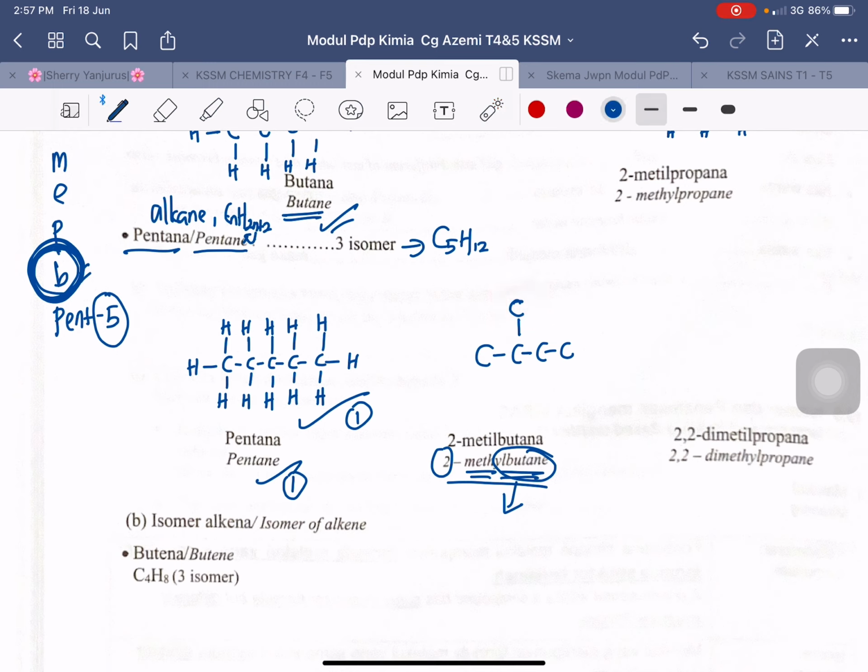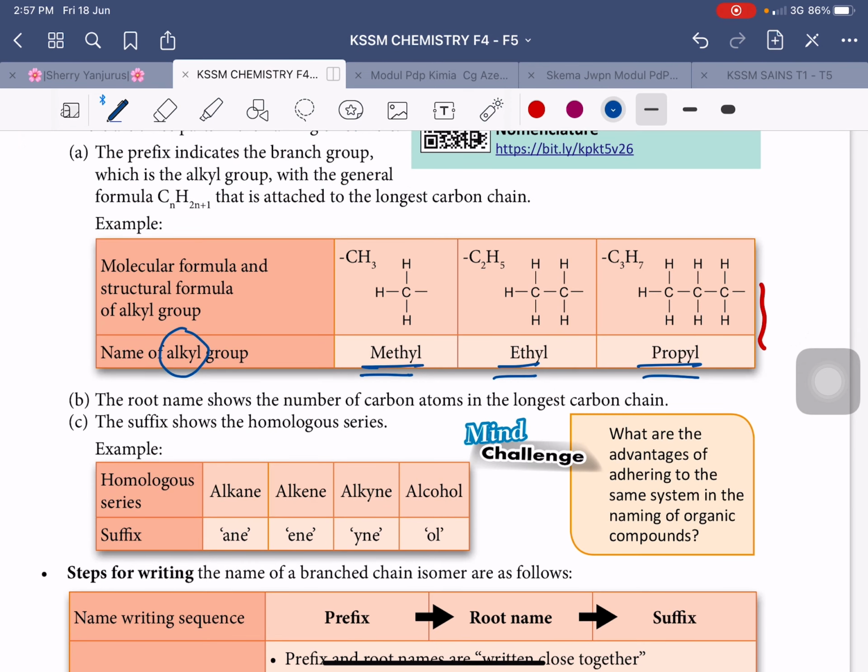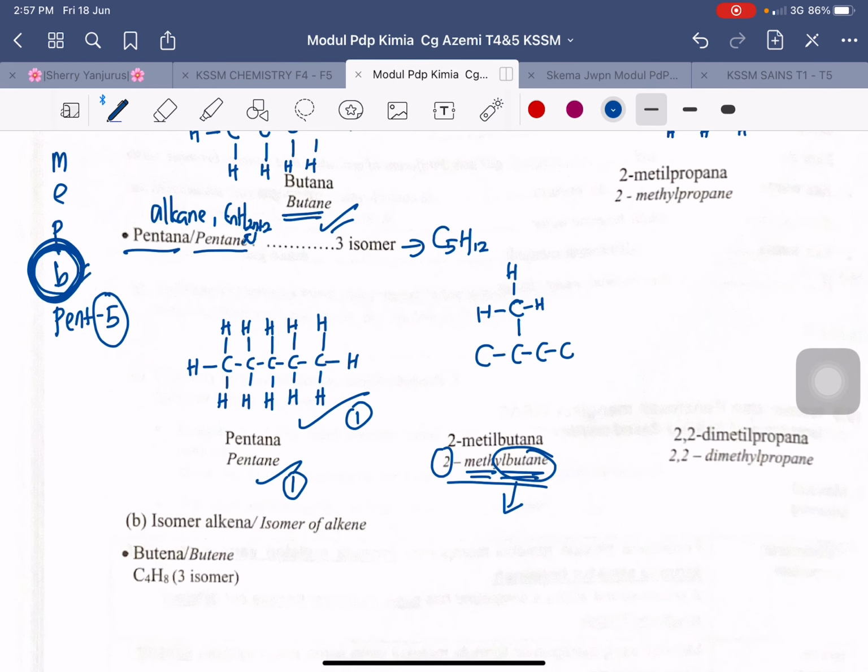Because that sebiji C will give you CH3. Refer balik the buku teks punya rules. This one. Methyl CH3. Okay, so after you draw this, then you have to fill in the other bonds for C. CH, H, like this.